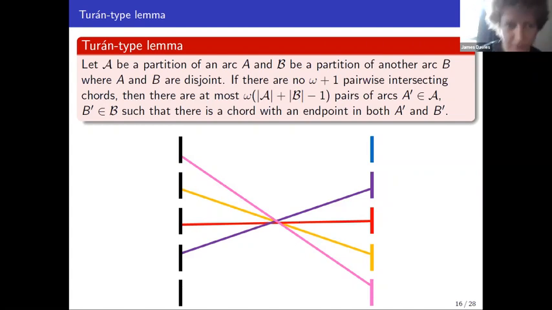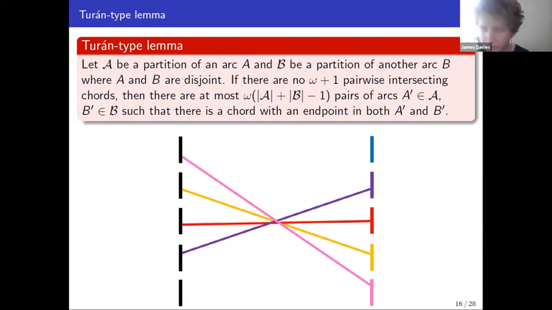So this is an important step in the proof, and this is actually one of the bits that gets harder when you try to do the omega or log omega bound, or in another extension we have. This lemma for chords between different arcs, I think, is a very natural one.